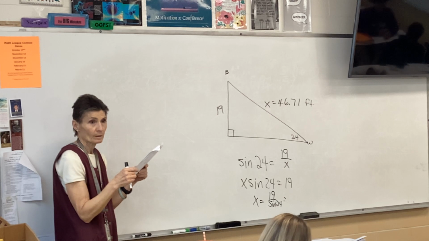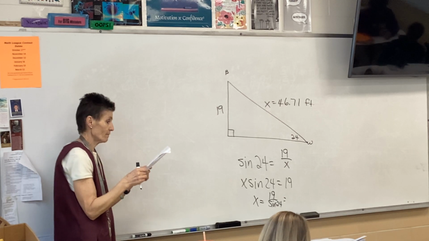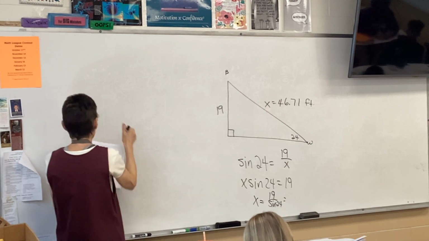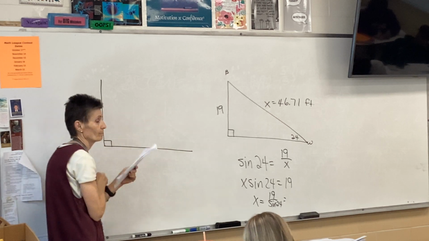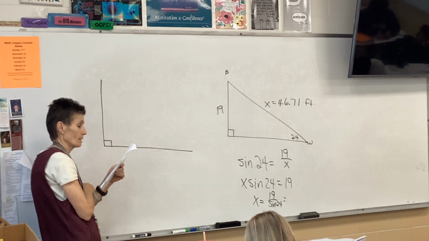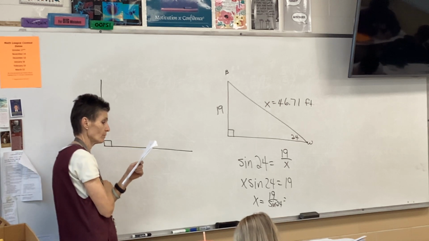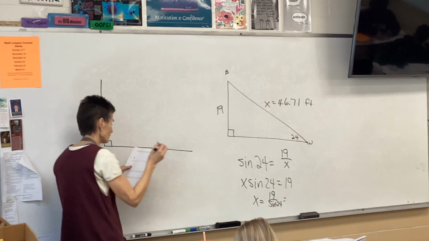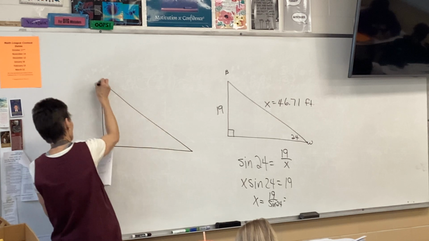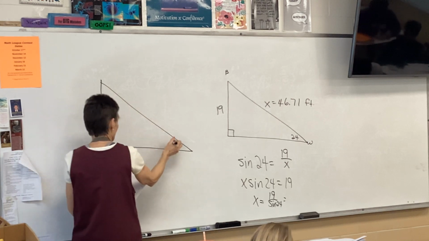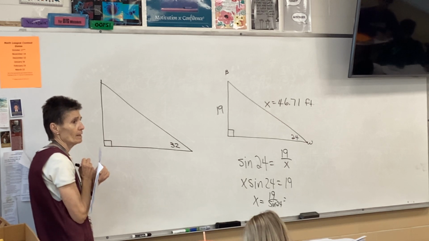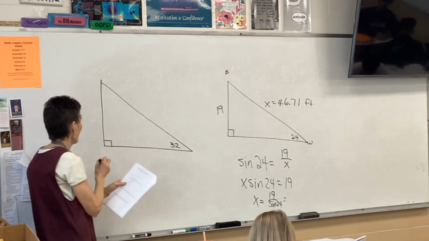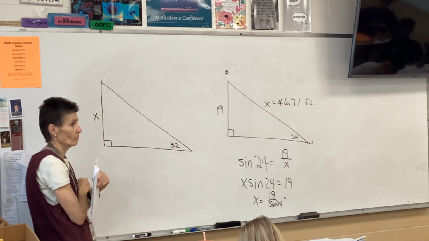Okay? Now what have I got? I got a flagpole casting a 23-foot shadow when the angle of elevation is 32 degrees. And I want to know how tall is the flagpole.